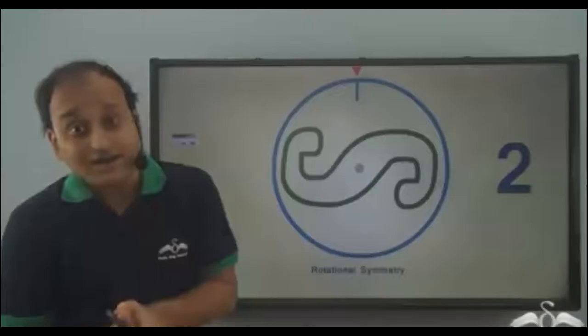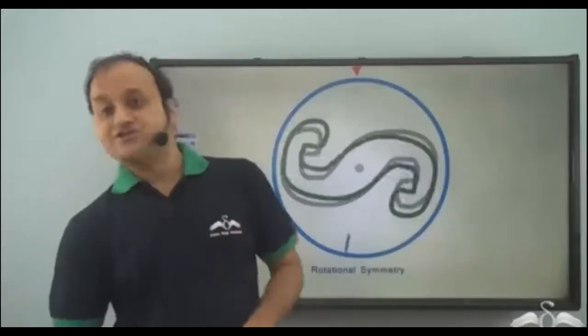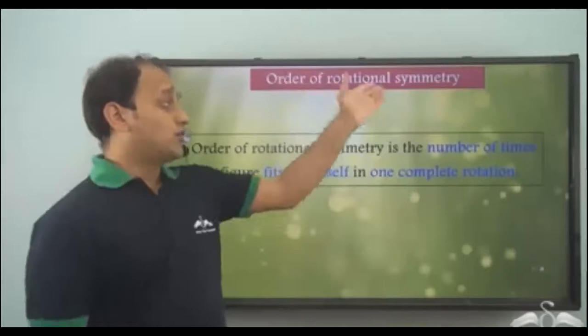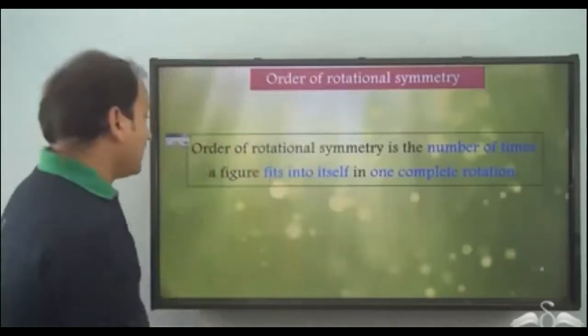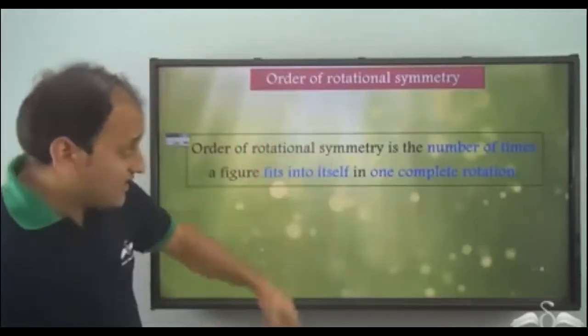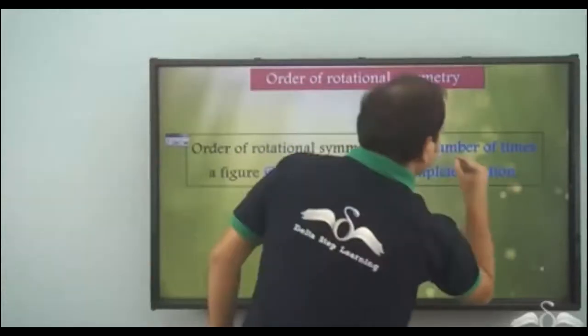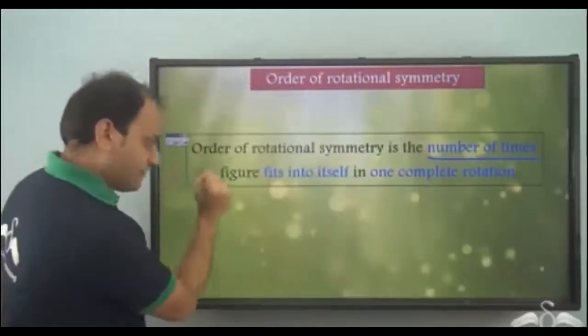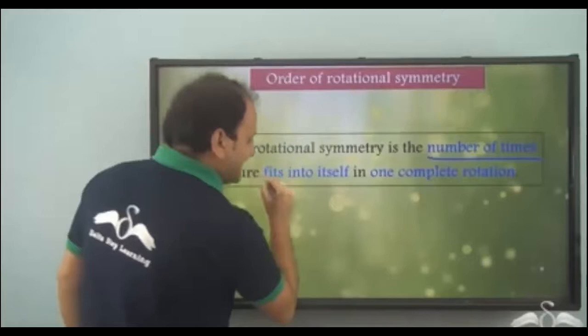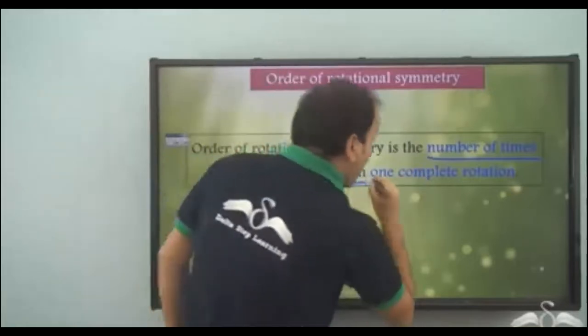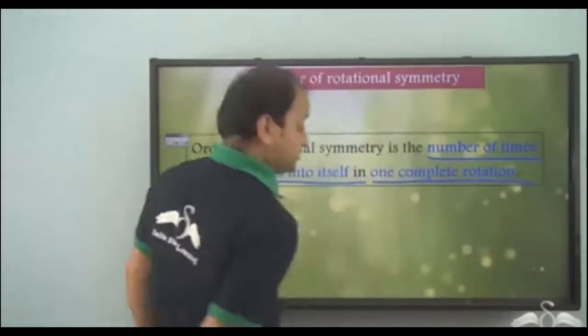And what do we call it? We call it order of rotational symmetry. So, what exactly is order of rotational symmetry? Well, order of rotational symmetry is the number of times a figure fits into itself in one complete rotation.